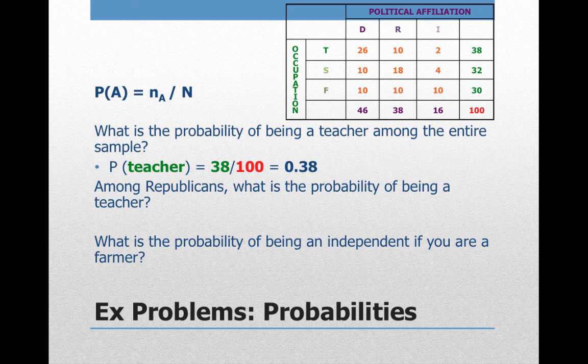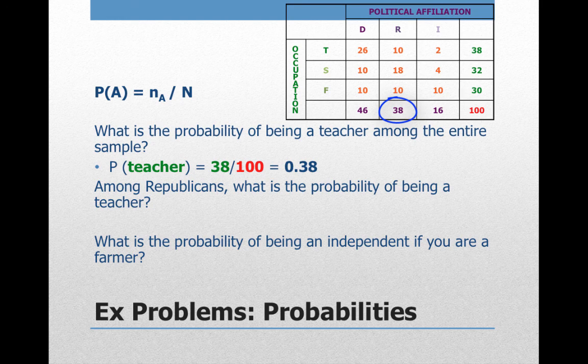Alright, so let's take a look at the second question. Among Republicans, how many Republicans are there? There are 38 Republicans. So what's the probability of being a teacher among Republicans? Well, there are 38 Republicans, so that's going to be our denominator, our big N. But among Republicans, what's the probability of being a teacher?